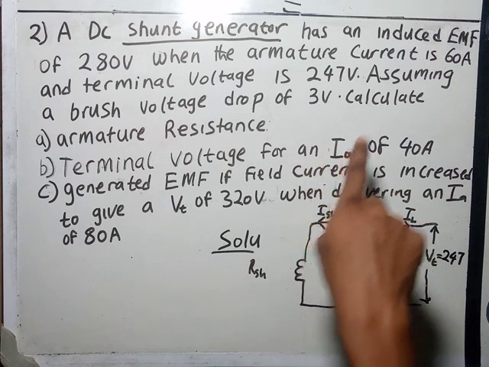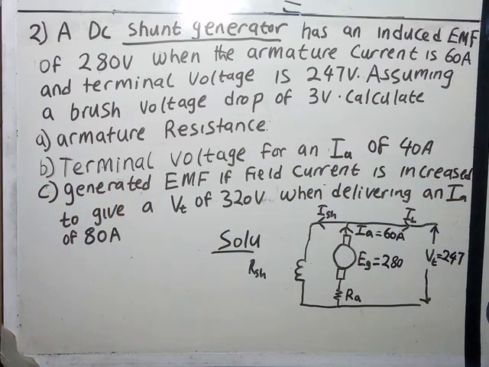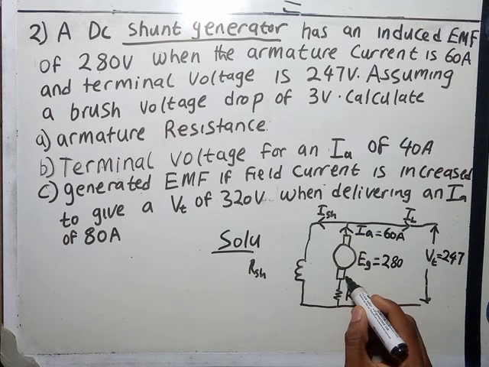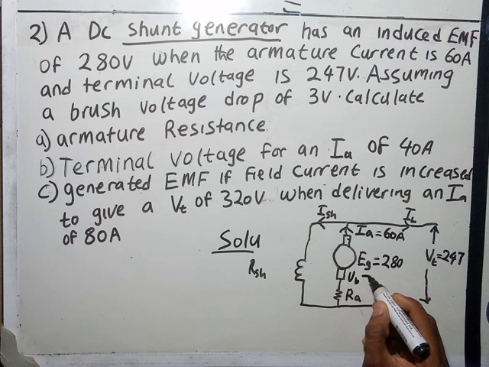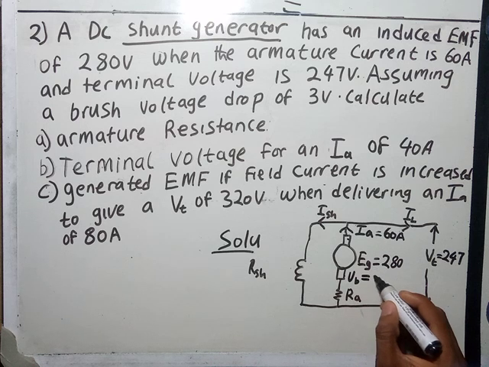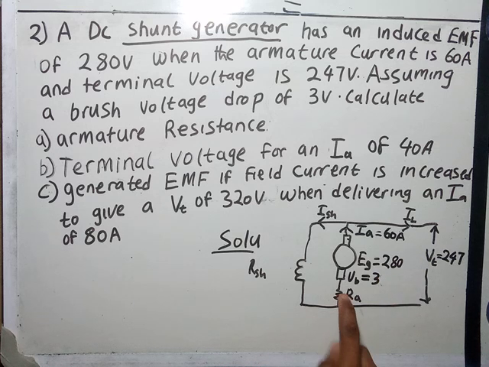Assuming a brush voltage drop of 3 volts. Okay, so let us say that there was a voltage drop along this due to these two brushes. So let us introduce it. We'll call it VB, which is equal to 3 volts. Now this 3 volts will add to the voltage drop due to the armature resistance.